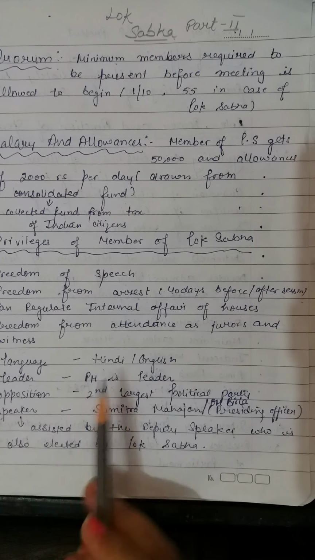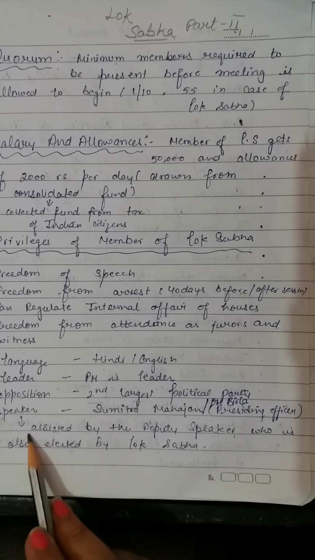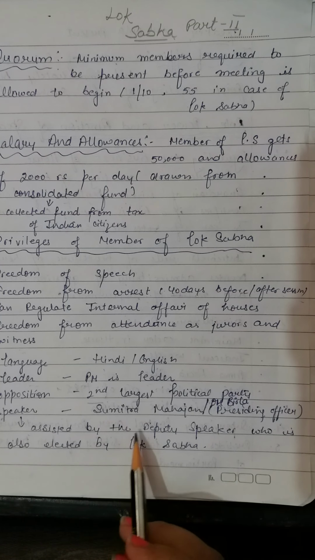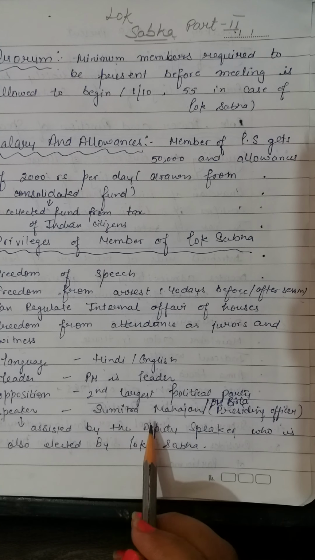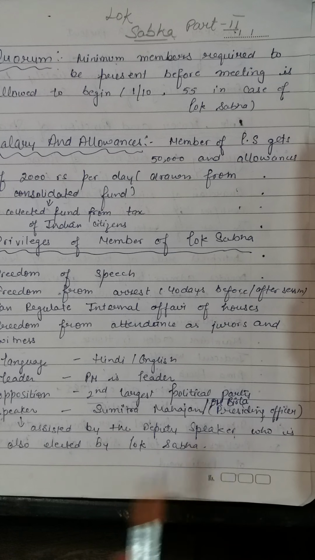Who is the opposition in the Lok Sabha? The second largest political party. And the speaker: at present, Om Birla is the speaker, and he is the presiding officer of the Lok Sabha. Presiding officer means he presides over and regulates the business of the Lok Sabha and the meetings.